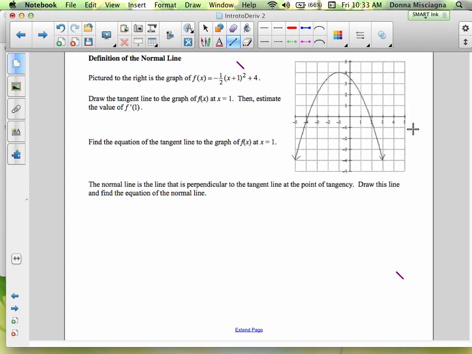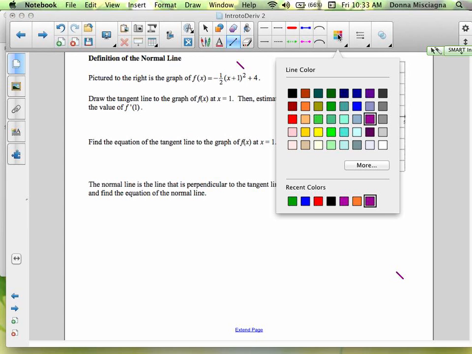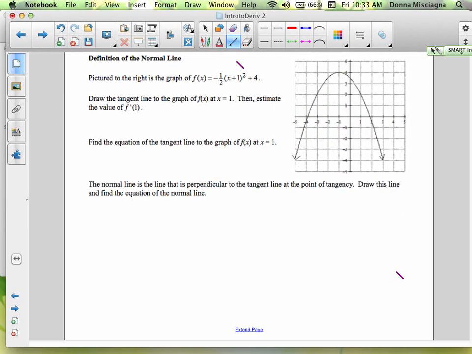All right, so you want to just kind of hug your, thought I had a line tool out. And I'd like it to be a color that's not black. Let's see if I have a line tool out now. So I'm going to try to hug the graph at x equals 1.